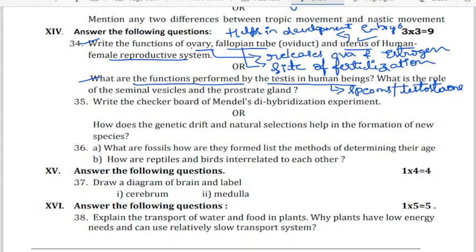Now tell me children, what is the role of seminal vesicle and prostate gland? Now you answer this question. You try to answer this question, children.